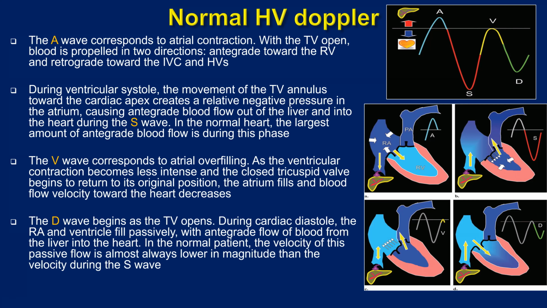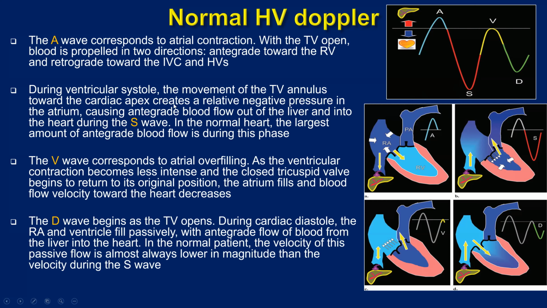With contraction and the tricuspid valve open, the blood is propelled in two directions: antegrade towards the RV and retrograde towards the IVC and hepatic veins. So this is the A wave, which is backward, and we have also forward.